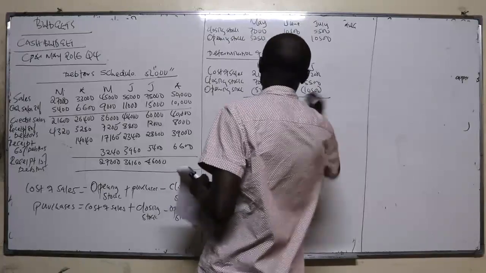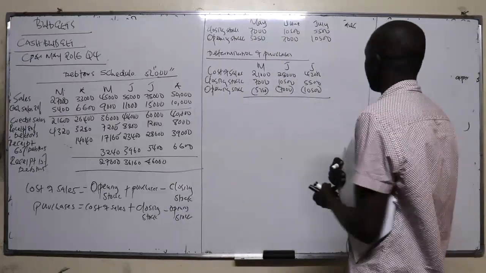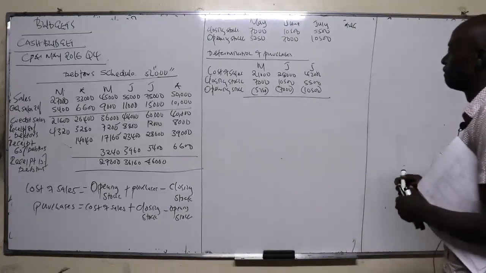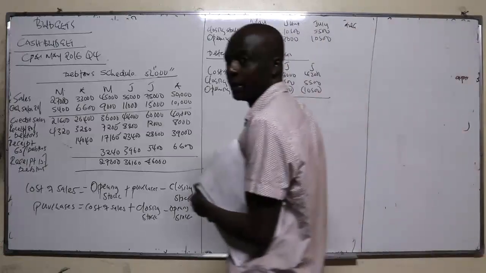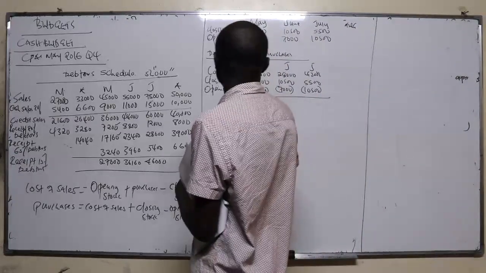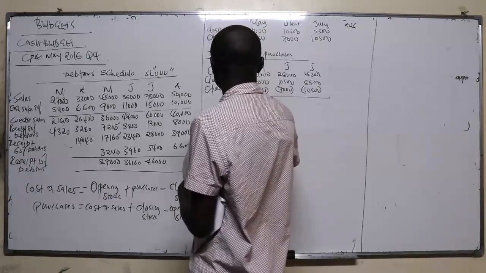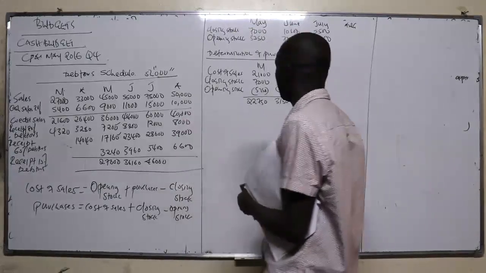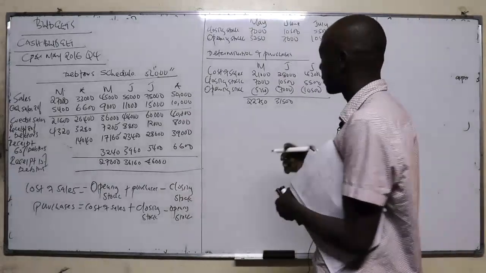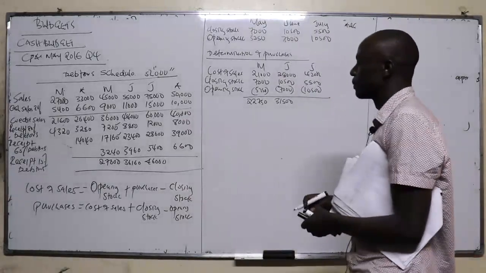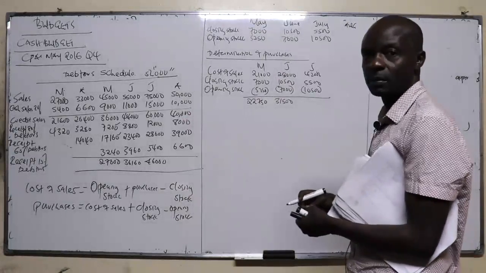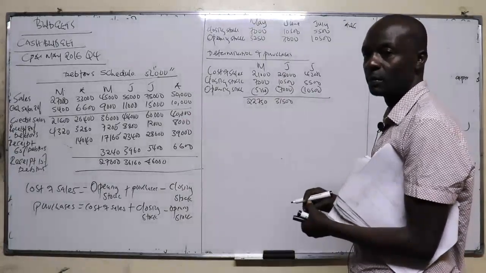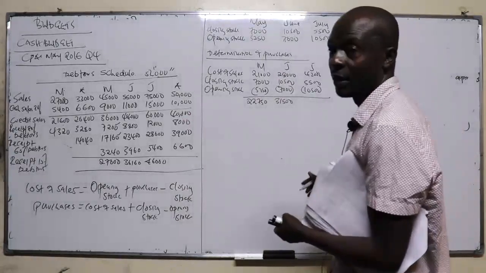So now the purchases: 22,750, 31,500, 37,000.